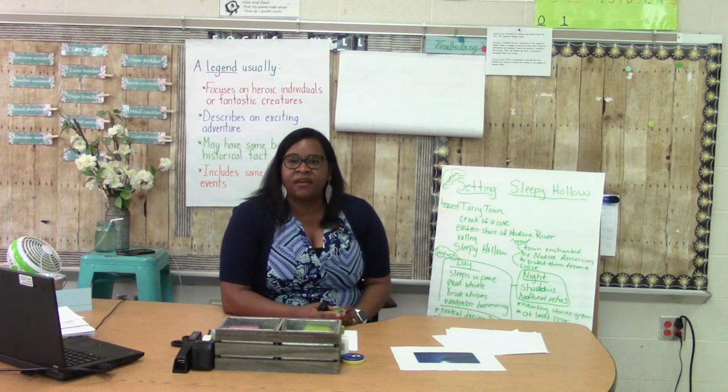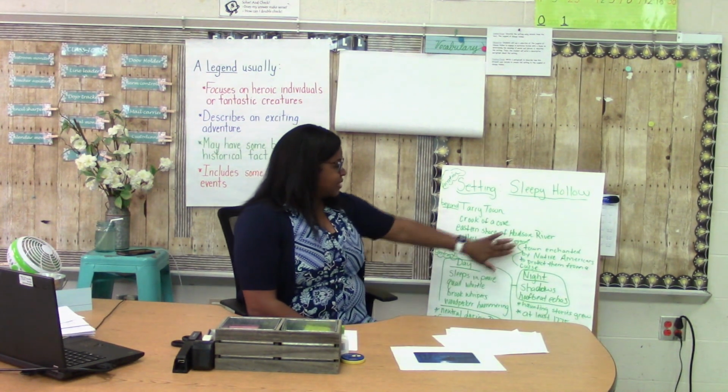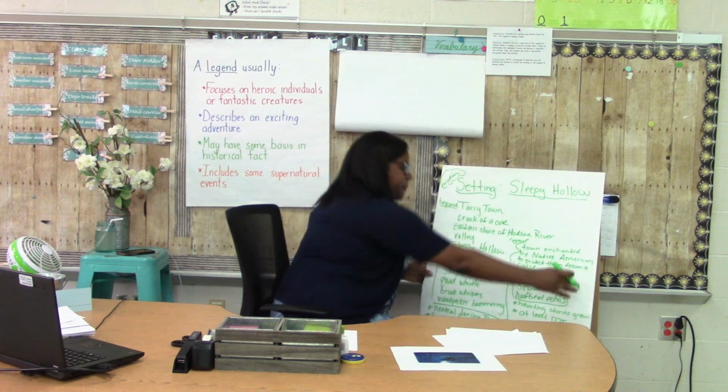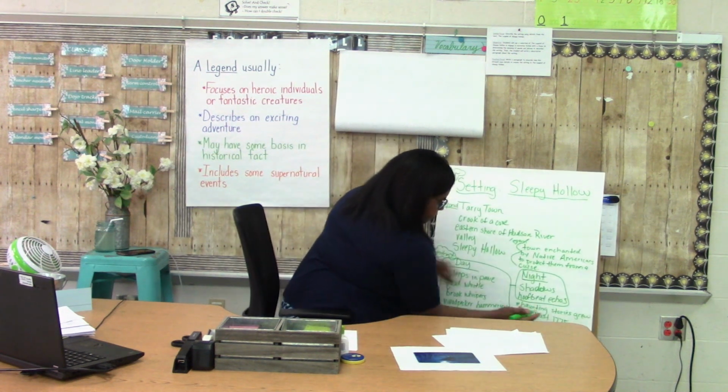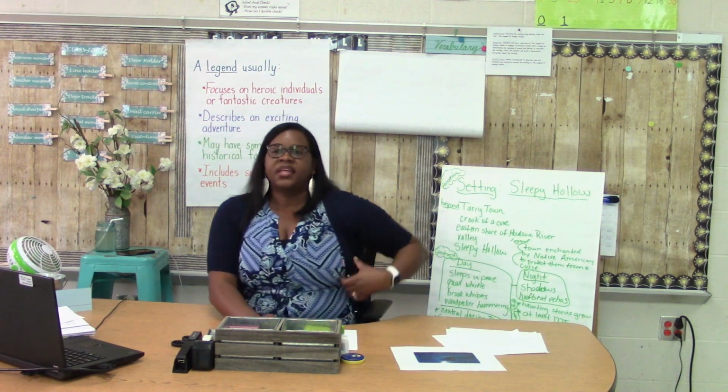I see that we have basically 4 different ways that the author gives us information about the setting. So we have our location, our contrast, our legend, and then here we're going to write 10 years later to go with that information. This is going to help me as I set up for my paragraph to describe Sleepy Hollow.